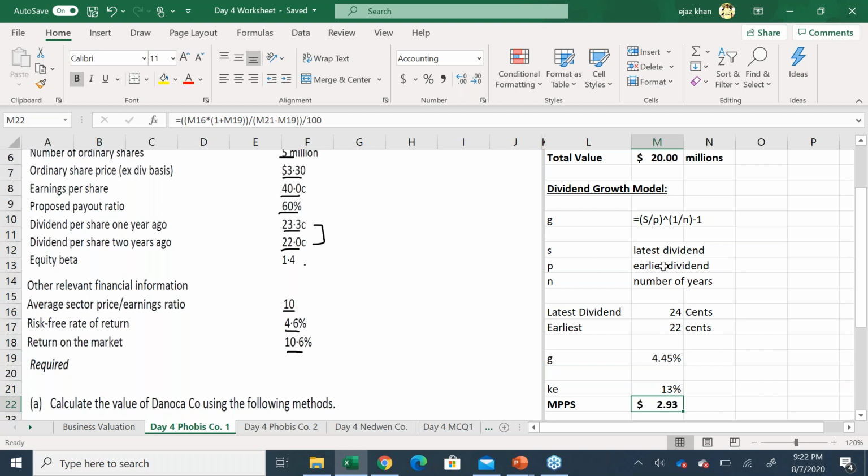No. So the dividend growth model is based on assumptions. We can't say it's a correct one, but it does give you an idea. These models are not considered to give you absolute figures. These models give you an idea of how you should be valuing a particular company. $40 is the earnings per share, EPS.